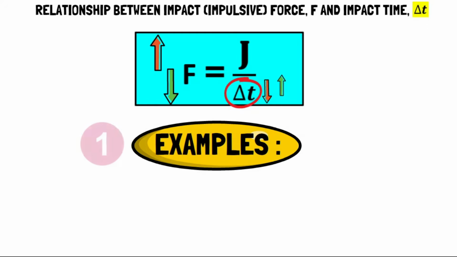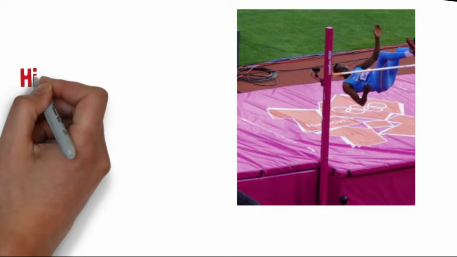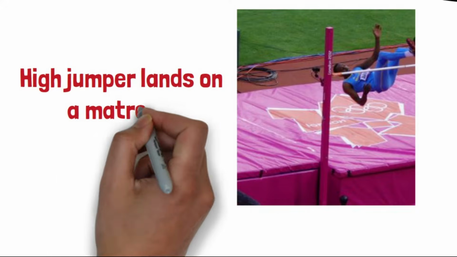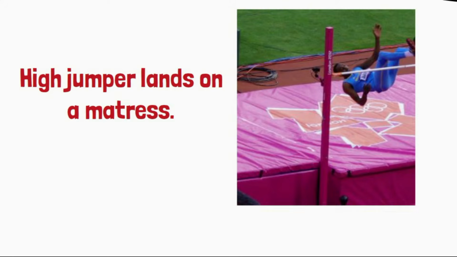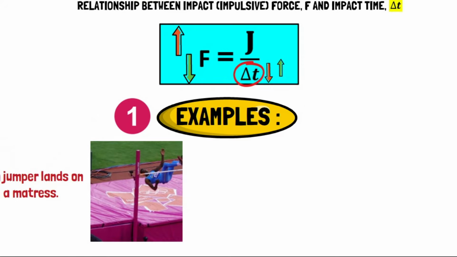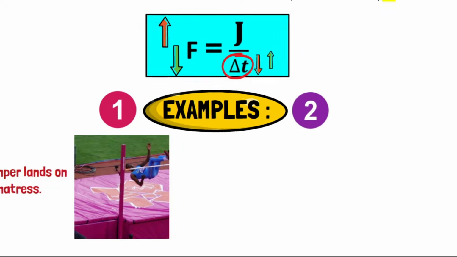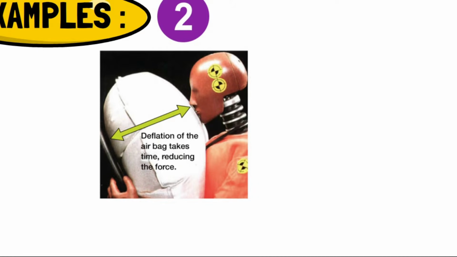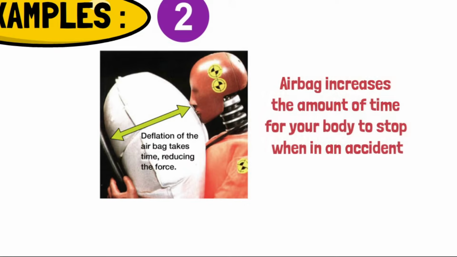The first one adalah contoh seperti ini, di mana kita ada high jumper lands on a mattress. Dan yang kedua adalah contoh di mana kita ada airbag, where this airbag will increase the amount of time for your body to stop when in an accident. Okay?